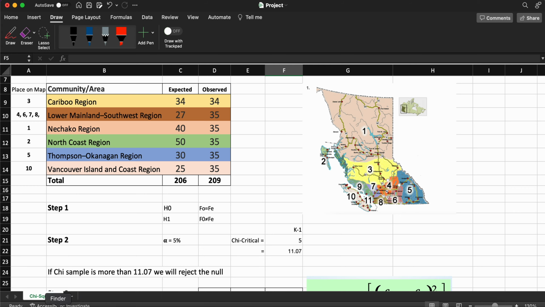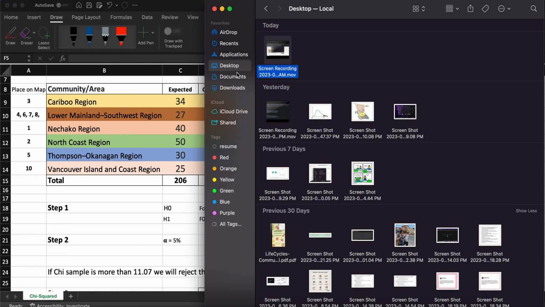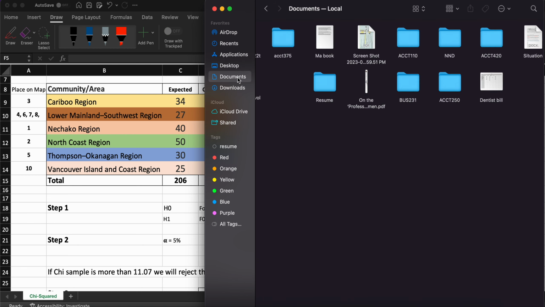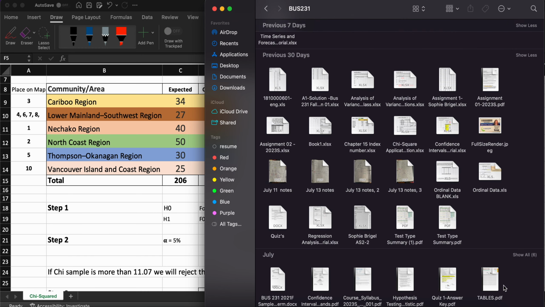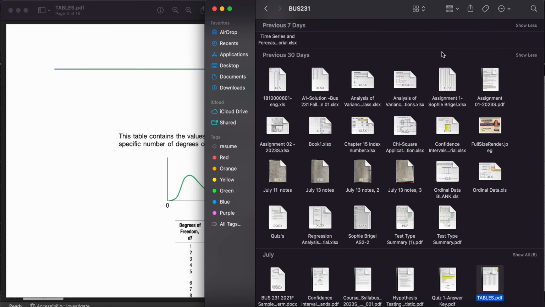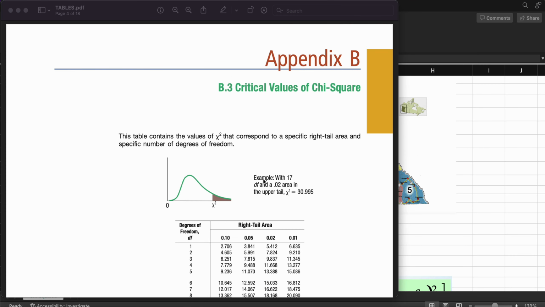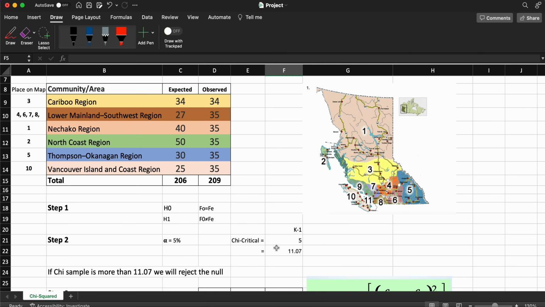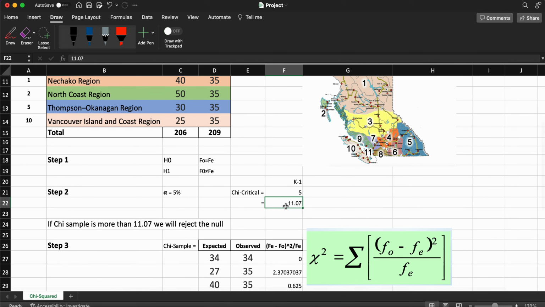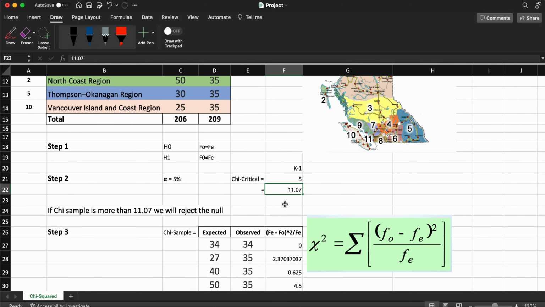your table, and I had closed that, so I am just going to open that up again. Here we go. And so 5% significance, and the degrees of freedom is 5. So it'd be 11.07, which I have here. So that's the chi-critical value.